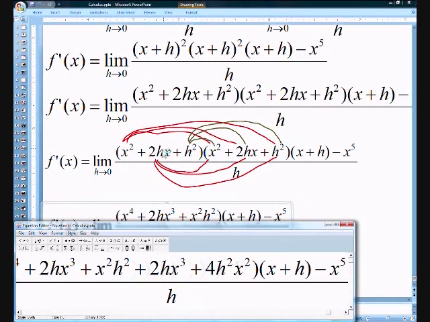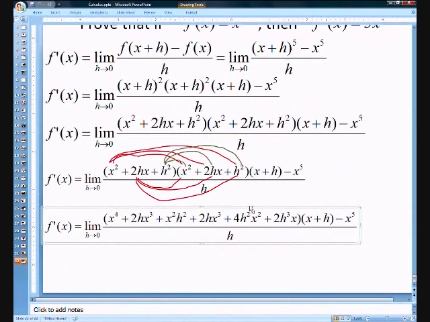Yeah, that's it. And then last one, well, not the last one, 2hx plus h squared. So that's going to be 2h cubed x. That's it. Alright.